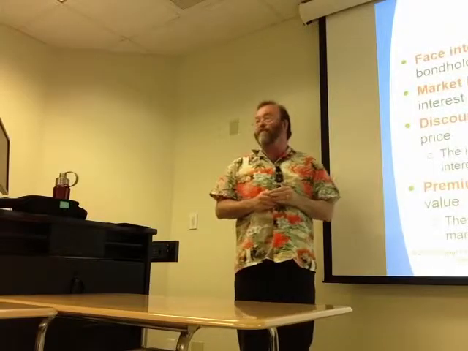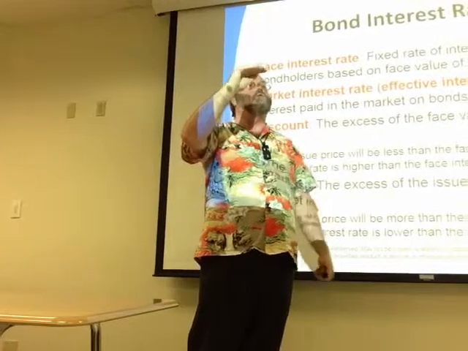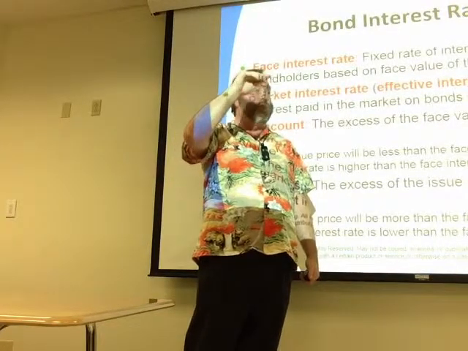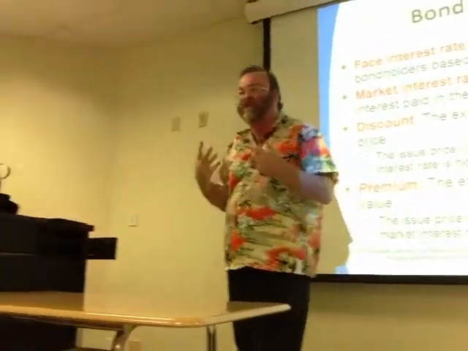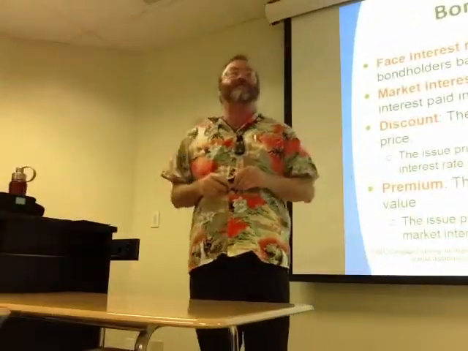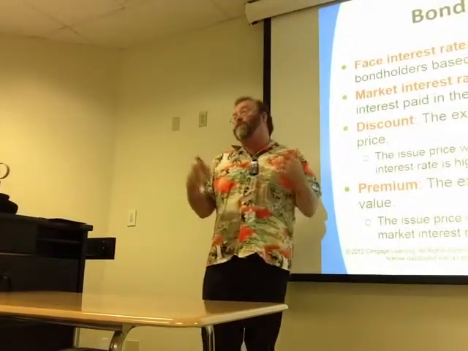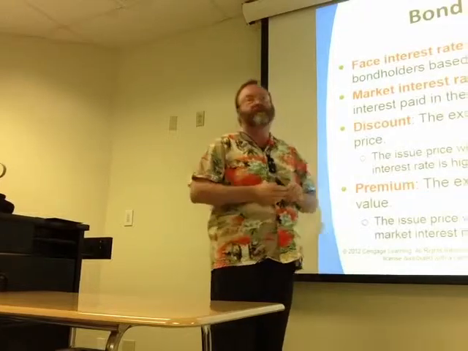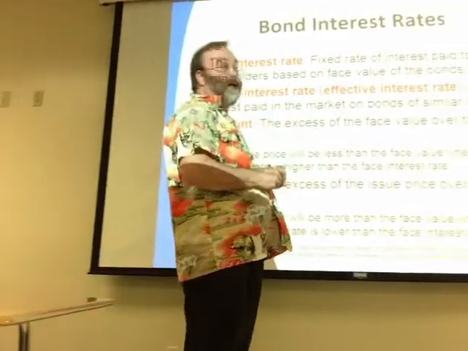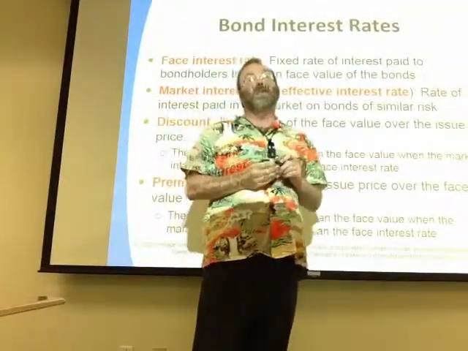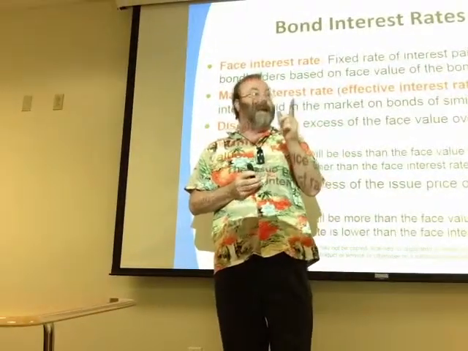All right? So that makes their effective yield equal to the market rate, because they're paying you more up front for that extra interest that you're going to send them every 6 months. So what happens if the opposite happens? What if the market wants 11% and you're only paying them 10? What are they going to do to you then? They're going to penalize you.